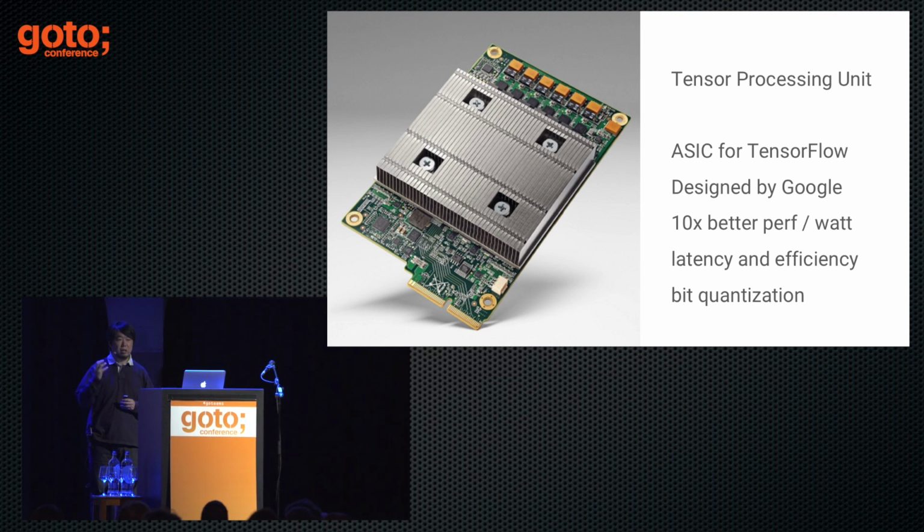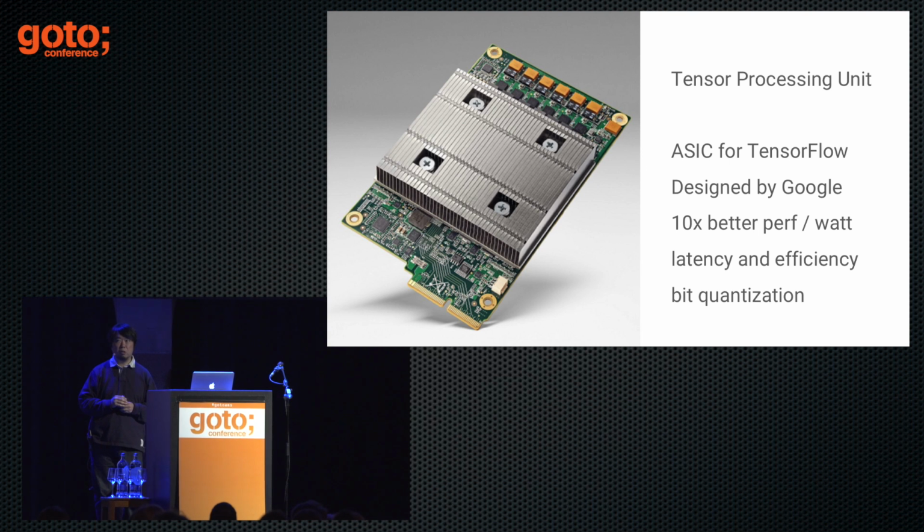But the largest problem for GPUs is the power consumption. It consumes 100 watts or 200 watts per GPU card, and we are using thousands of them in a Google data center. Power consumption is becoming the largest problem.